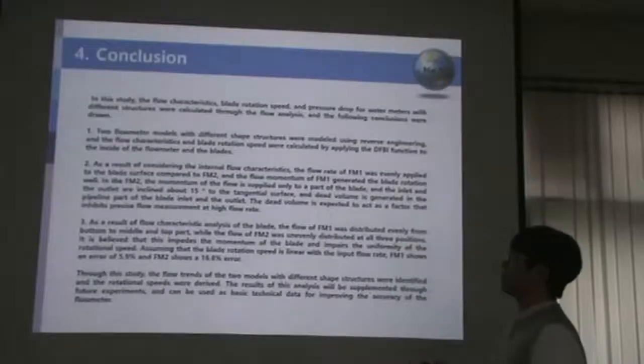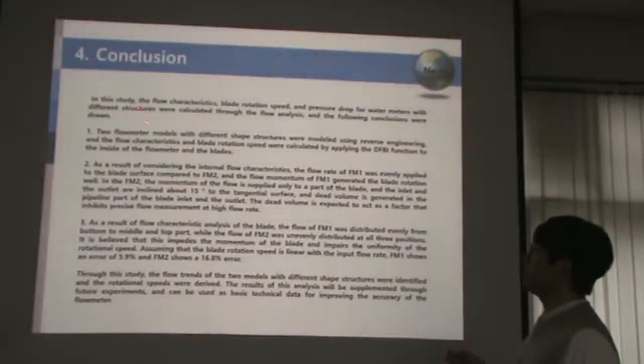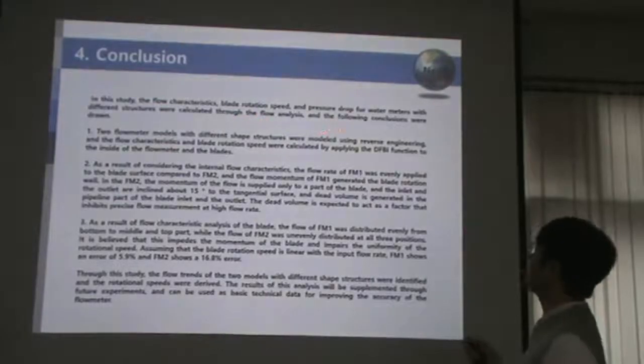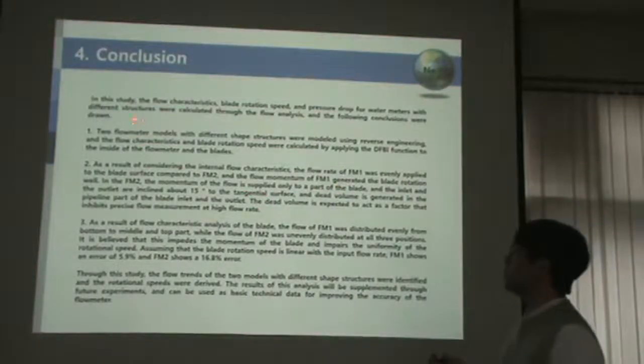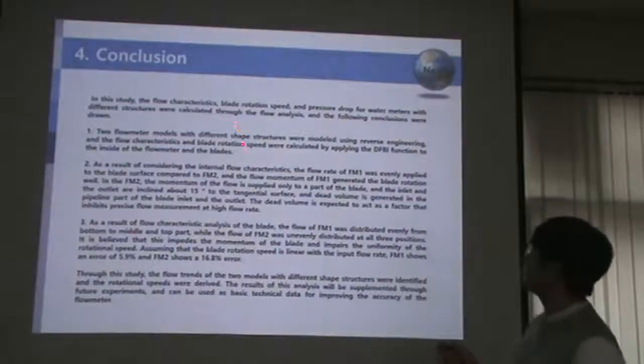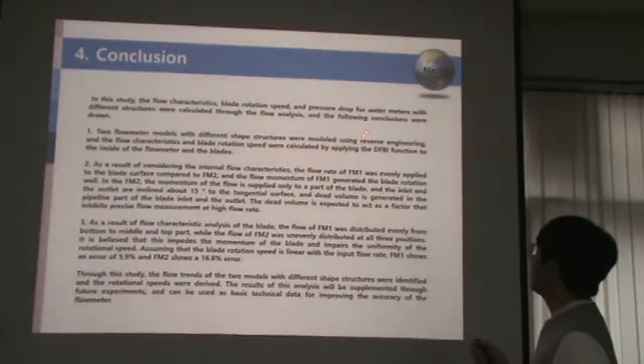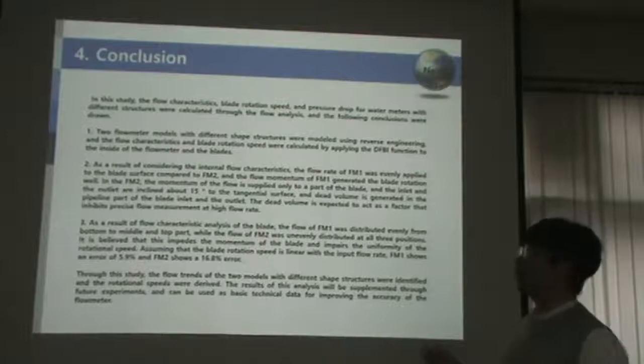Conclusion. In this study, the flow characteristics, blade rotation speed, and pressure drop for water meters with different structures were calculated through flow analysis, and the following conclusions were drawn.